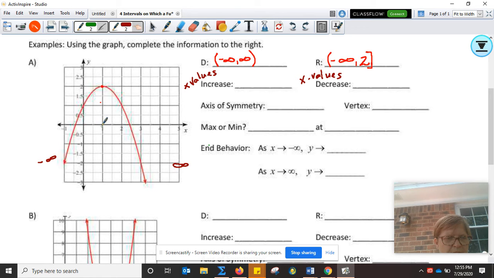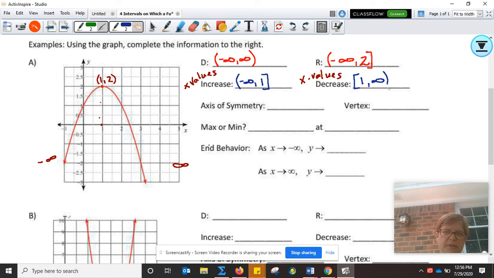And we come up here to 1, 2. All right. So we are increasing. Remember, increasing and decreasing, you're just talking about your x values. We're increasing from negative infinity, that's going to be parentheses, to 1. And we're using 1, so it's a closed bracket. We're decreasing from 1, so it's a bracket, to infinity, because we don't know where we stop. We keep on going. All right?